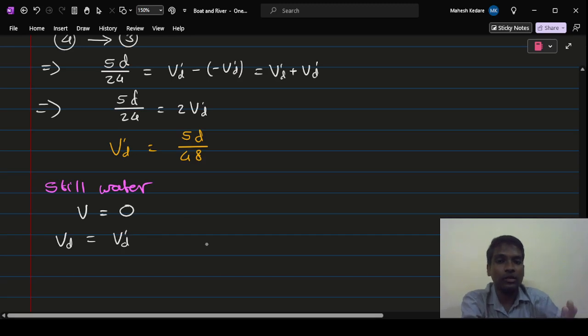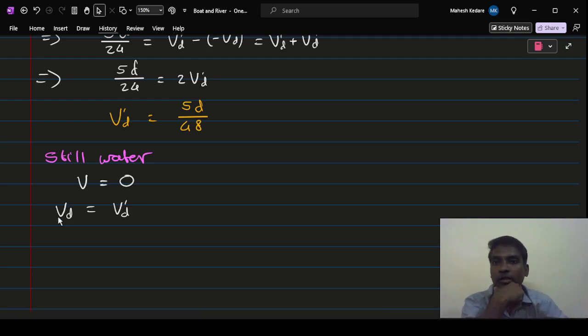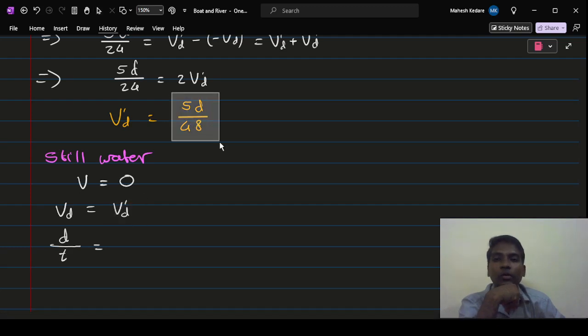It is still water. Now we have to find what time it will take to travel the same distance in still water. So Vd, which is the speed of boat, we can write it as distance divided by time taken. And this speed, the speed of the boat due to boat engine, we have already obtained it as 5d upon 48. So for V dash d, we write 5d upon 48.